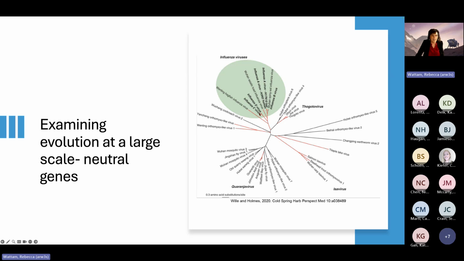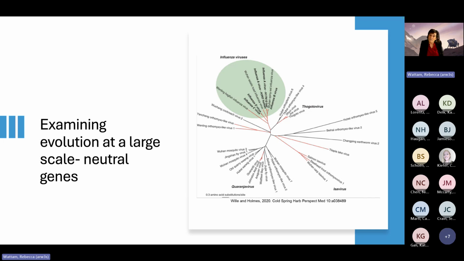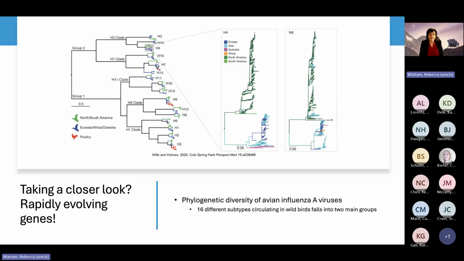You want to do something, and they used PB2. And if we go back, PB2 is this polymerase basic protein. They wanted something that was evolving neutrally. Now, if you want to see why we have to use something different, you want to look at things that are more rapidly evolving. You want to look at those genes.